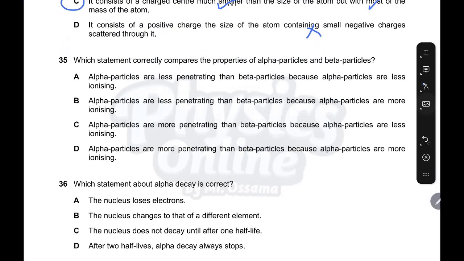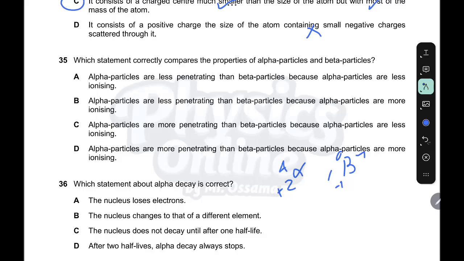Which statement correctly compares the properties of alpha particles and beta particles? Remember, alpha particles are 2 and 4, beta is a negative electron. So the mass of alpha particles is more than beta particles, and the charge of alpha is positive while beta has negative 1 charge.